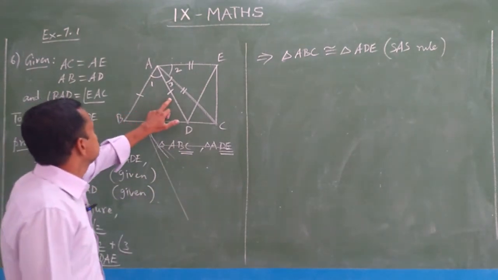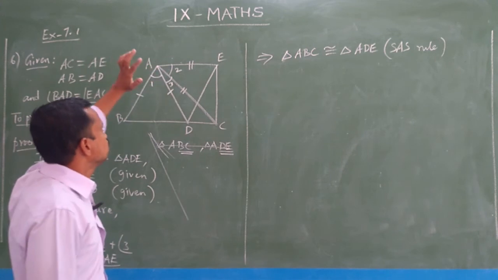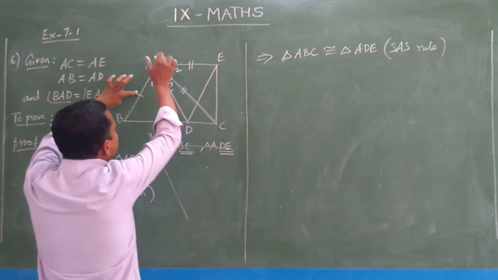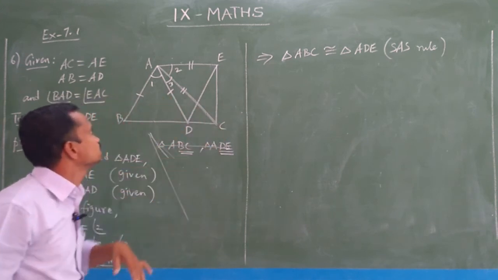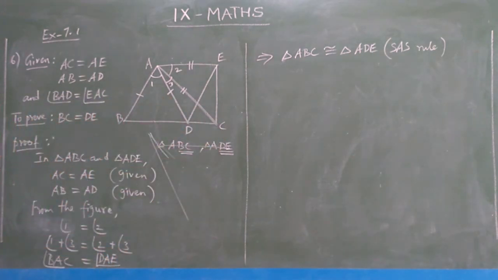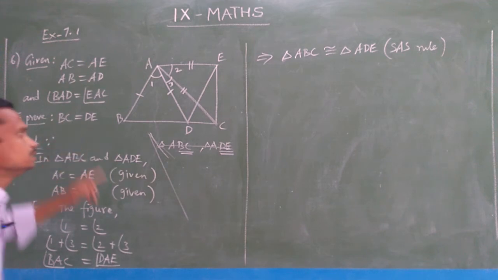These two sides and the included angle. So in this triangle ABC, everything we have collected. So this is the way to prove that these two triangles are congruent. And after proving these two triangles are congruent, we can easily prove BC equal to DE.